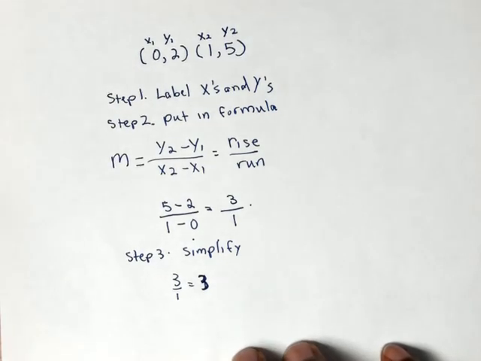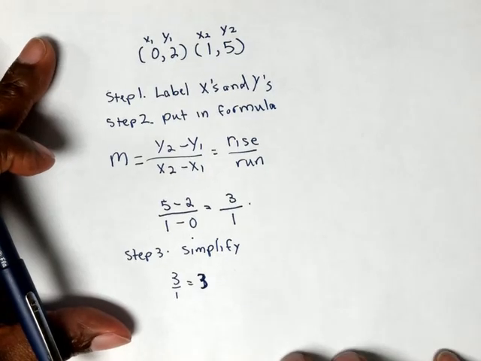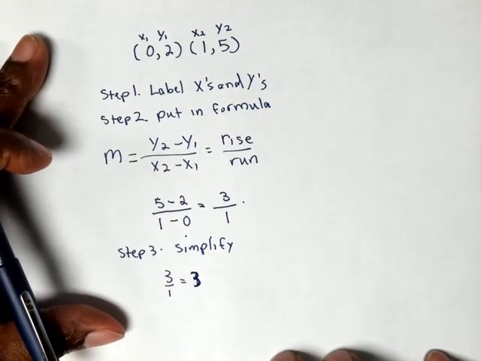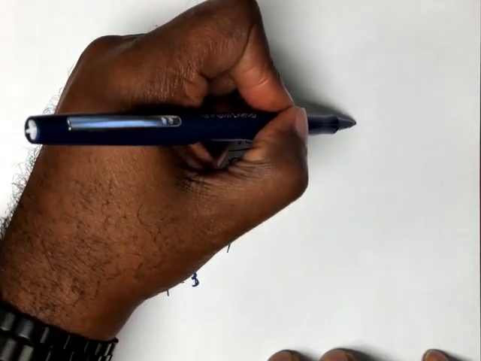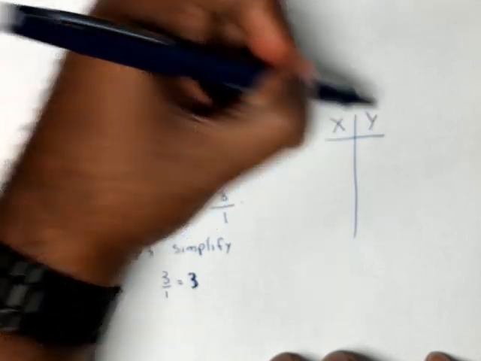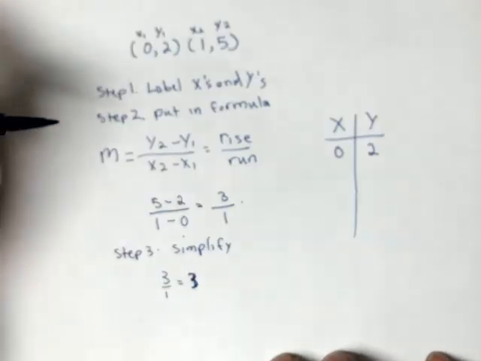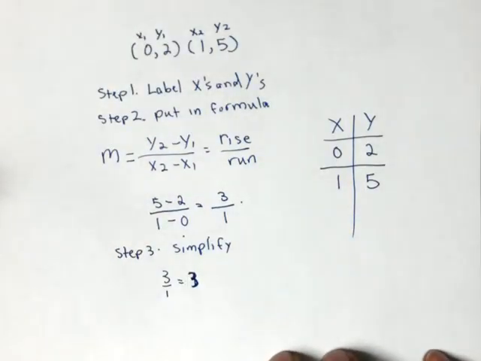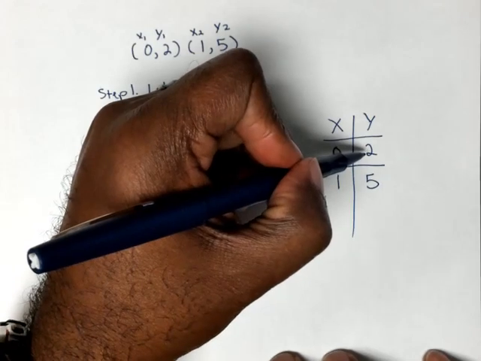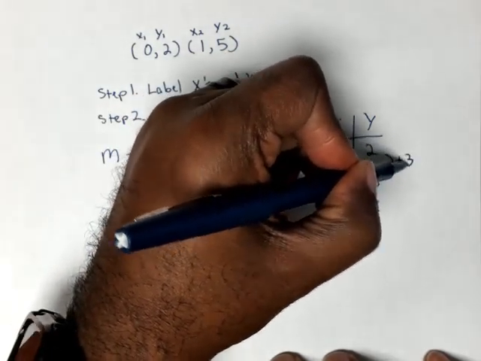We can also use a table method to find slope, using the same values. I'll make a process table where we have x on one side, y on the other, and we'll go 0, 2, and then 1, 5. We'll find slope this way as well. How much does it take for me to go from 2 to 5? That's a plus 3.